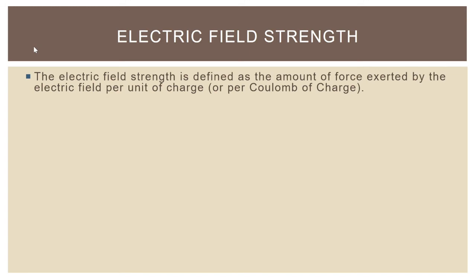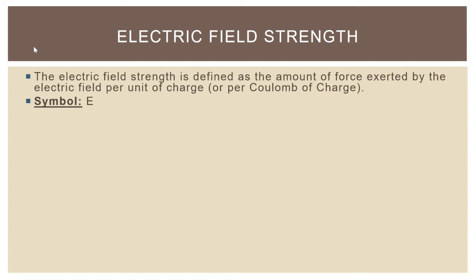The definition of electric field strength is that it is the amount of force exerted by the electric field per unit of charge, or per coulomb of charge. And so basically, if the electric field strength is 1, that tells you there's 1 newton of force exerted for every coulomb of charge. That definition means the equation should not look like much of a mystery here.